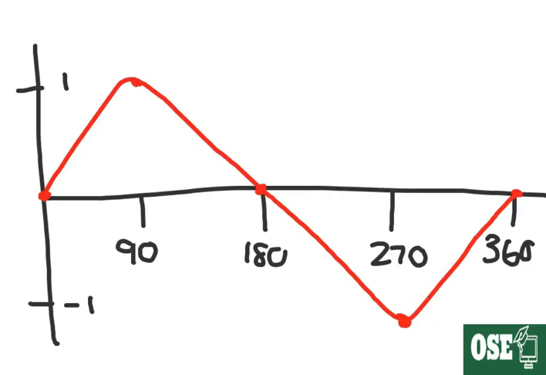But don't make it too big, because we have to draw the graph. You can just say it. Okay, let's say 2 sine theta. Okay, so 2 sine theta.